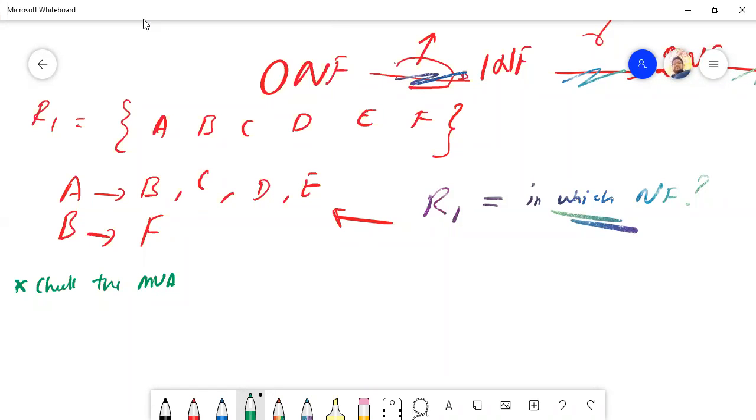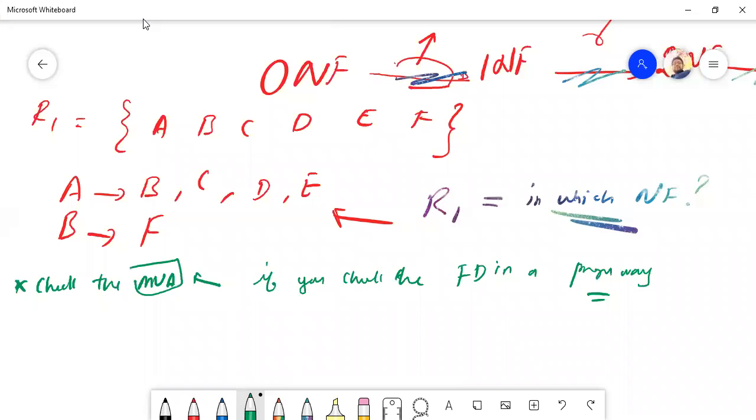Rather than going like this, if you check the functional dependency in a proper way, then you can check this one. Okay, right. Now I am going to draw a small diagram. It is very easy to find all these things.